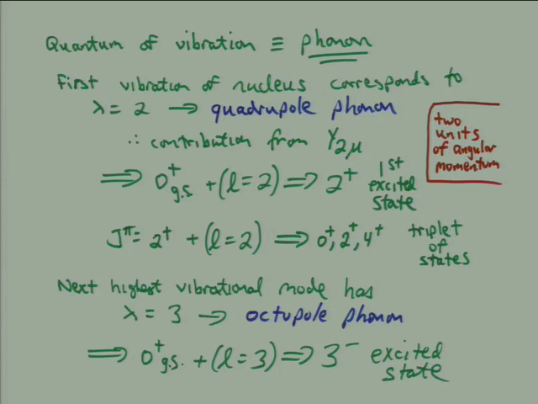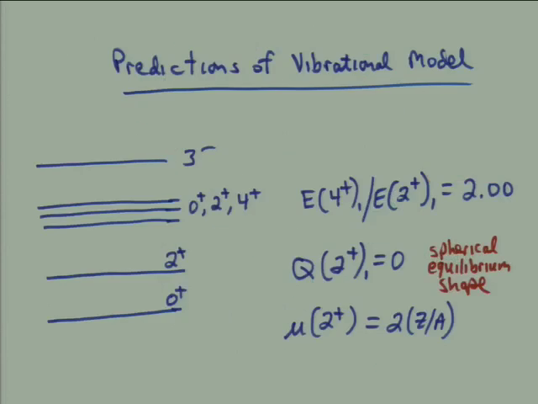And then the next vibrational excitation would be this so-called octupole phonon, where I add one phonon that has 3 units of angular momentum and negative parity, and that would predict a spin and parity of that excited state of 3 minus. So what I would like you to understand and be able to use is the notion that if it's a vibrational excitation that's going on in the nucleus, I would expect to see a level scheme that looks something like this.